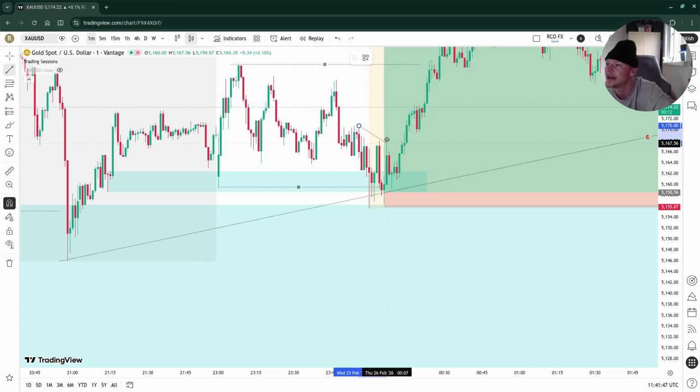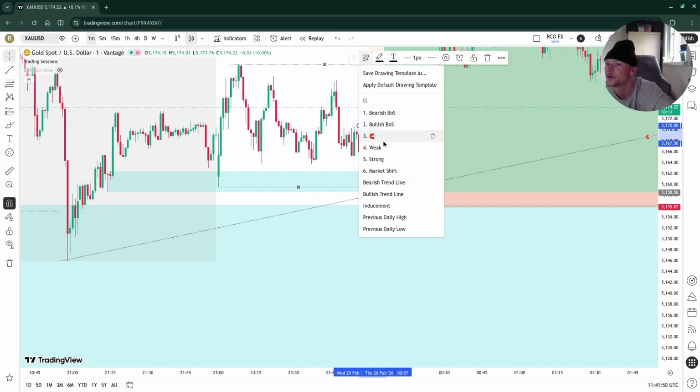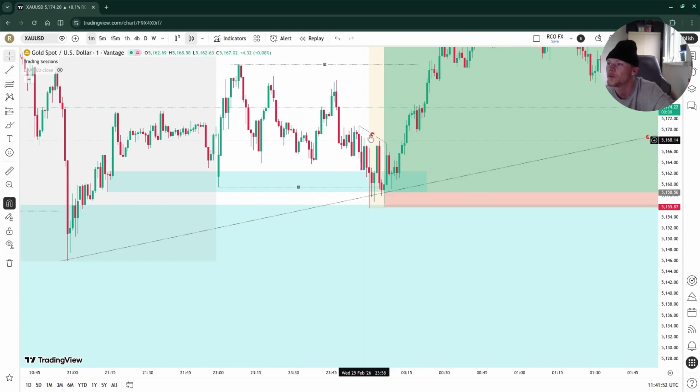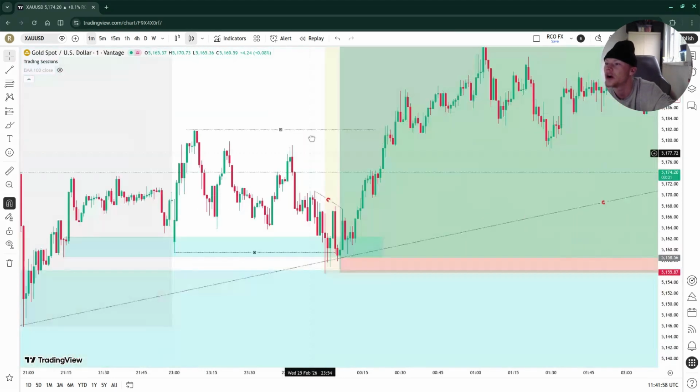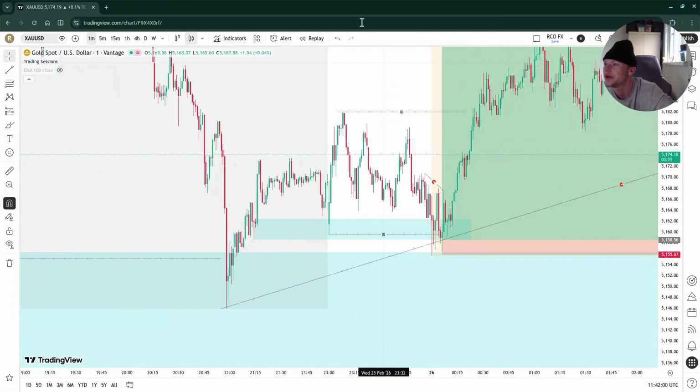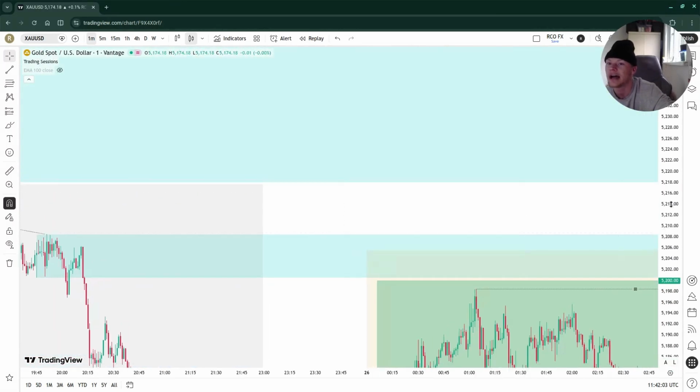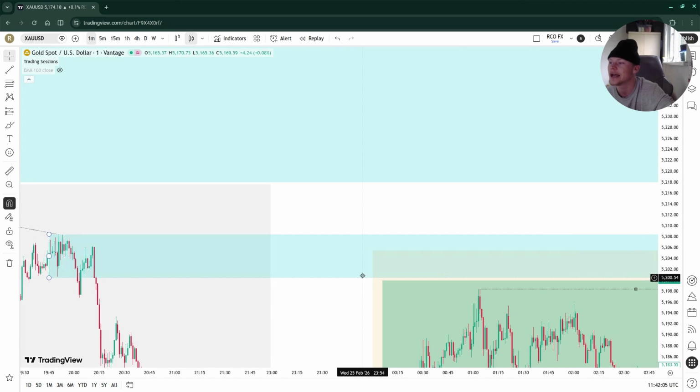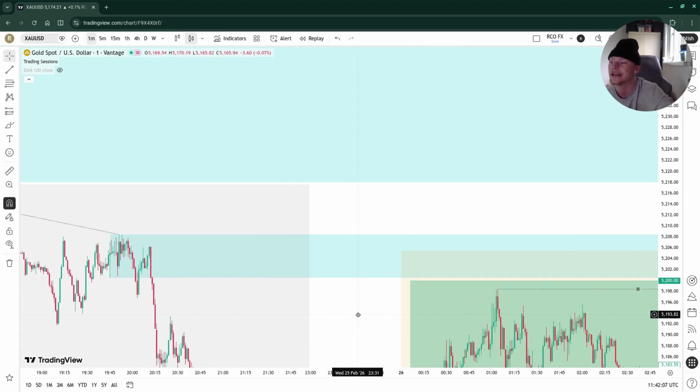I didn't have it marked out, but you can see we've got a trend line liquidity. So market will want to go in that direction to take out the liquidity. We obviously have this area here, but we knew we were going to go straight up here. That's where we wanted it. That was our target. We were targeting all the way up here at 5,218. That was our main target.